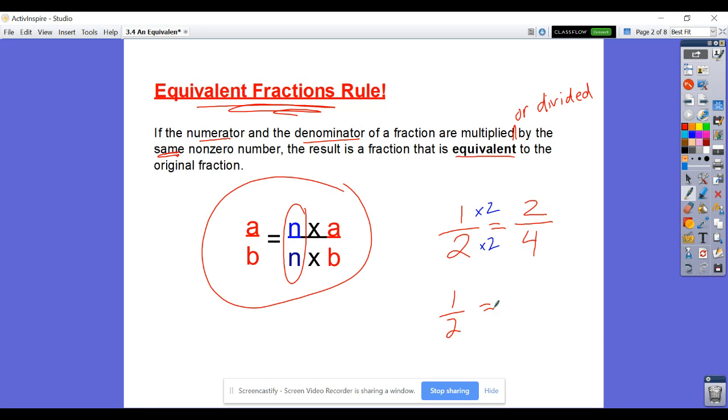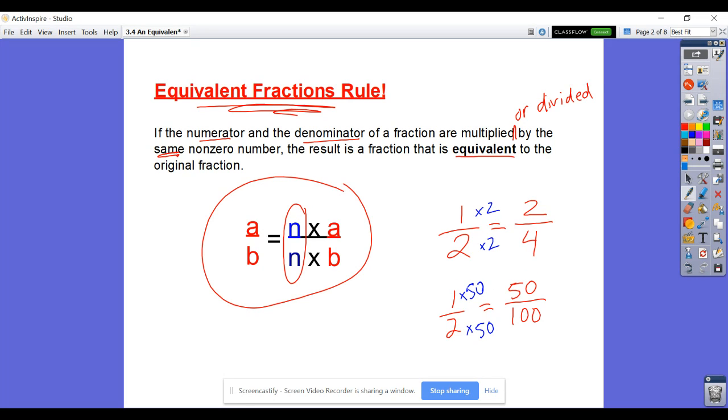If we had 1/2 is equal to 50/100ths, well, this time to get that equivalent fraction, you could think, well, 2 times 50 got you 100, and whatever you multiply by in the denominator, you also have to multiply by in the numerator. 1 times 50 would be 50 in the numerator here.